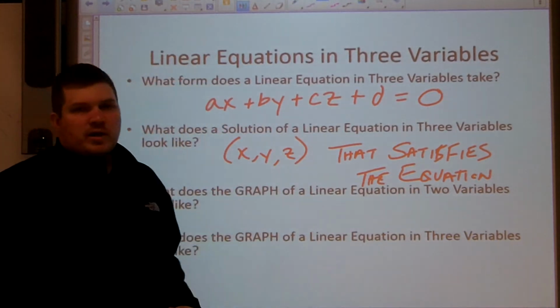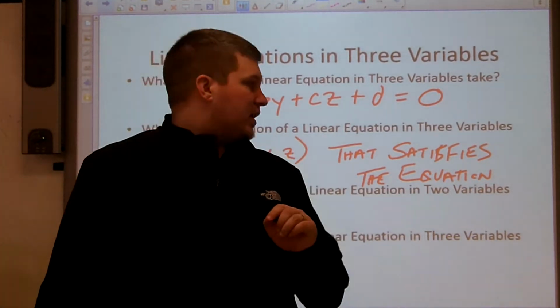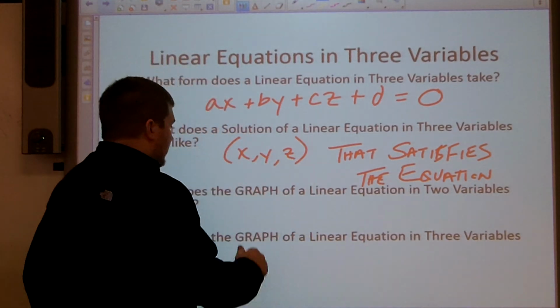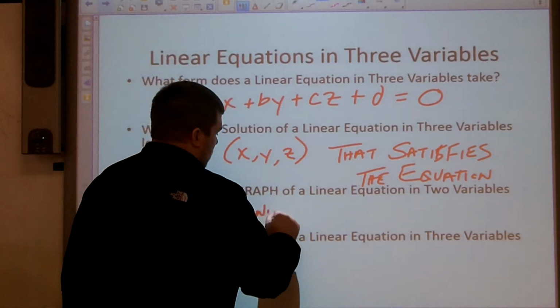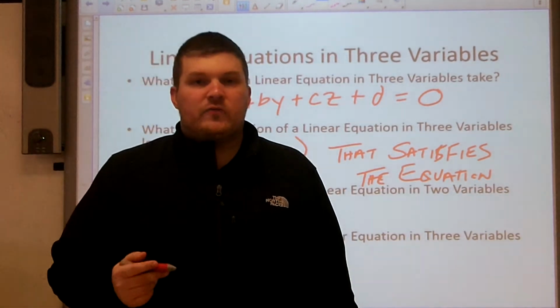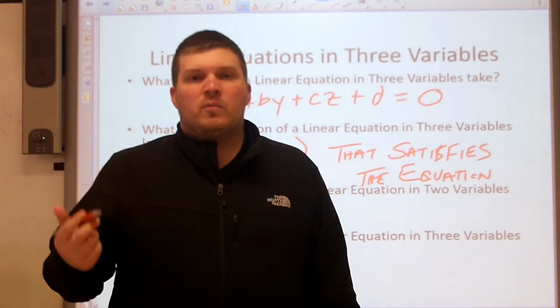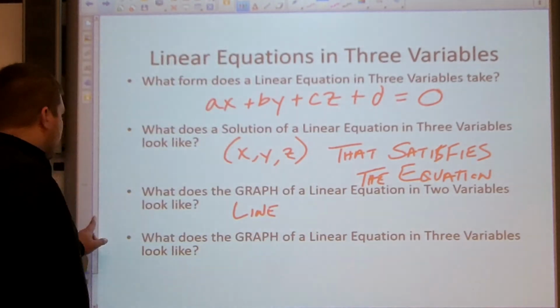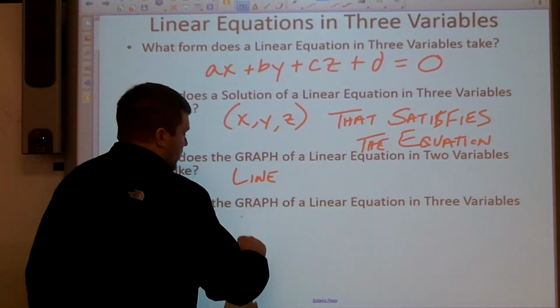And what does a graph look like? Remember, when we graphed in 2 variables, our graph turned out to be a line. Now when we graph in 3 variables, we're adding a third dimension, so what we graph are going to be planes. We're talking about linear equations in 3 variables, so these are going to be planes.